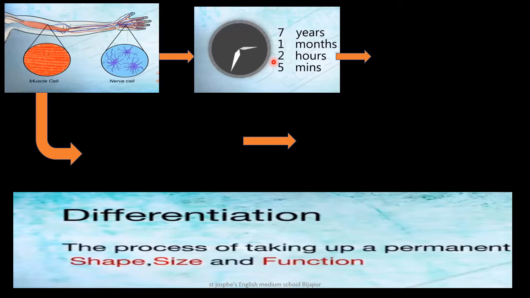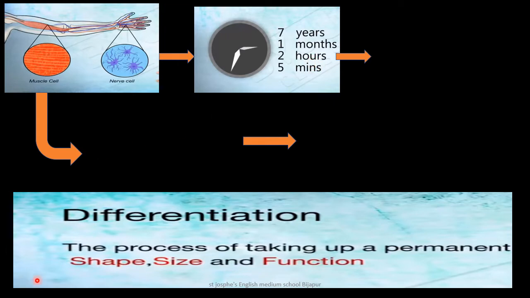From a single cell, that is, the embryo starts its development, a single cell at the first point of our body. After a due course of time, what happens to this single cell?